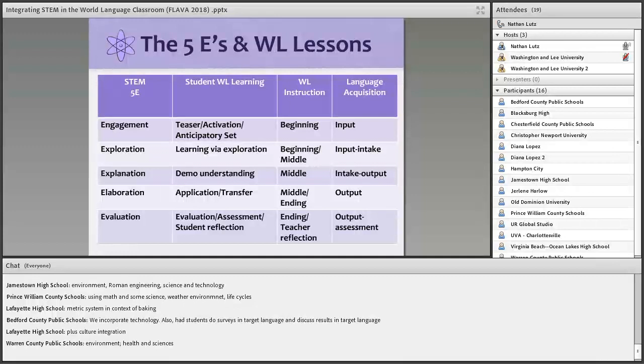And then next is elaboration, where there's some sort of application or transfer going on in the language classroom. And this is where we start to get student output. And then the final phase is evaluation. And this would be some sort of evaluation or assessment in the classroom, perhaps with a little bit of student reflection going on. And this would be the output assessment phase of language acquisition.